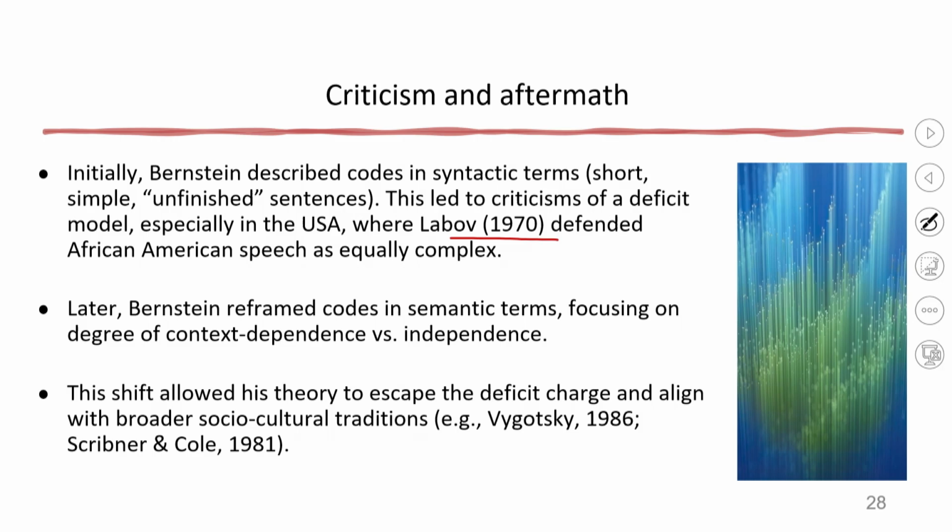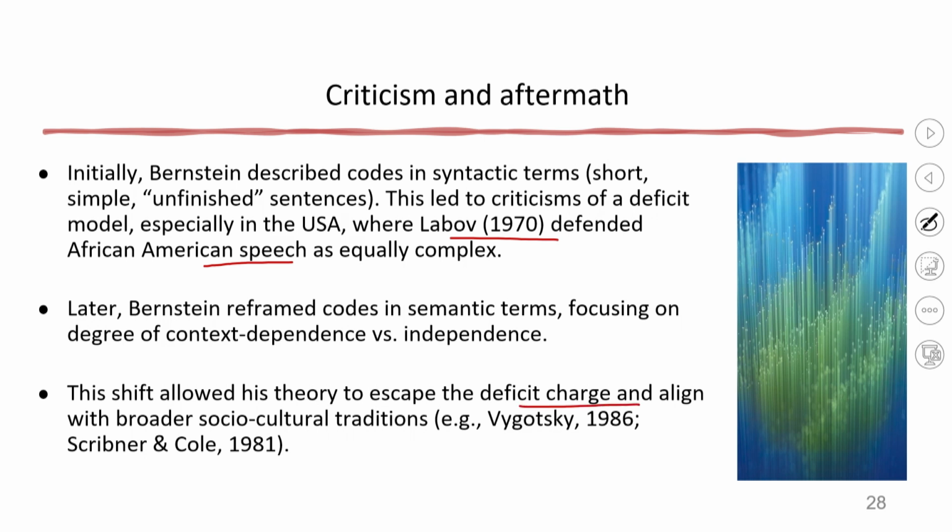So, Labov is one of them who defended African American speech as equally complex, and later Bernstein reframed codes in semantic terms, focusing on the degree of context dependence versus independence. So, are we depending on the context and the shared knowledge, or are we not? That is how he later redefined it. So, this shift allowed his theory to escape the deficit charge.